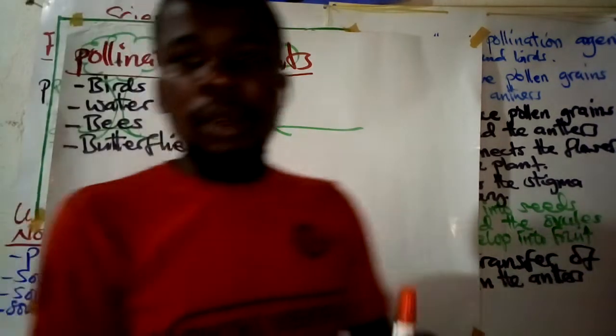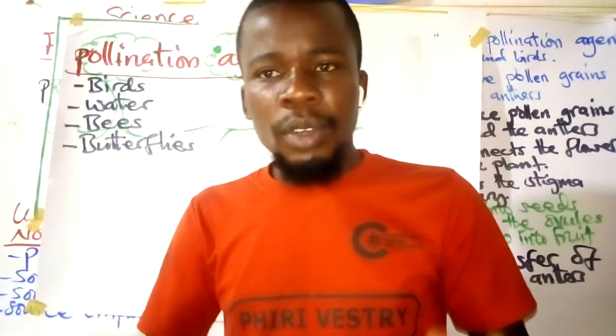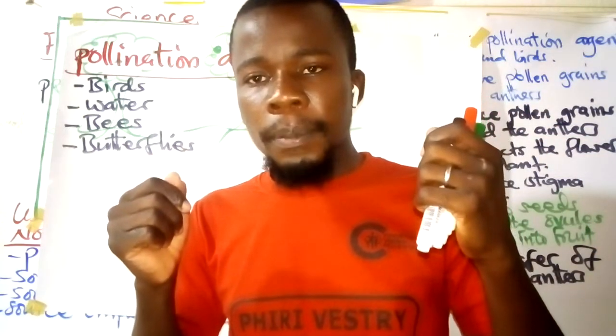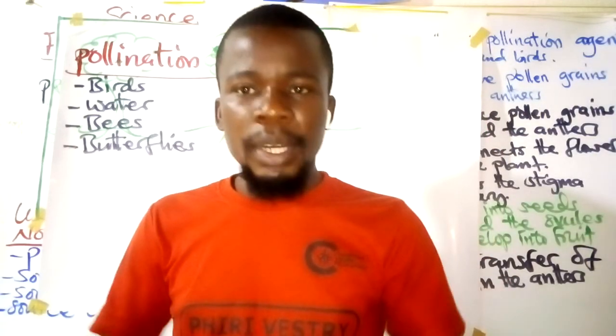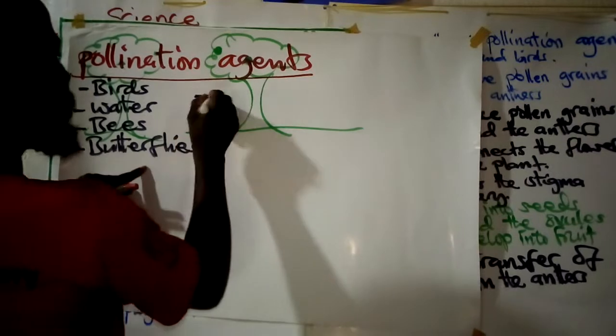So these are some of the examples of agents of pollination. I have to add wind.